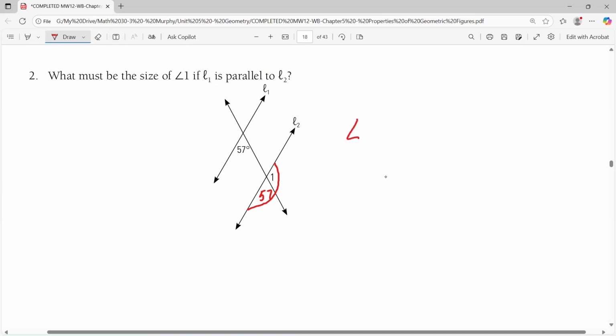So angle 1 is equal to 180 minus the 57 to get what's left over. So therefore, angle 1 is equal to 123 degrees. And that is the end of Lesson 5, Part 2.